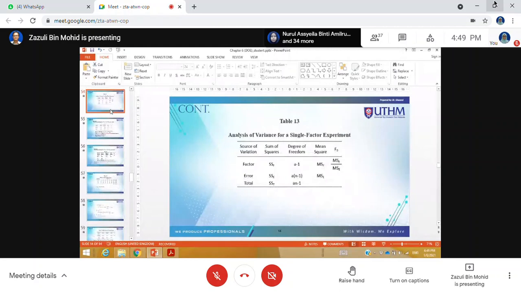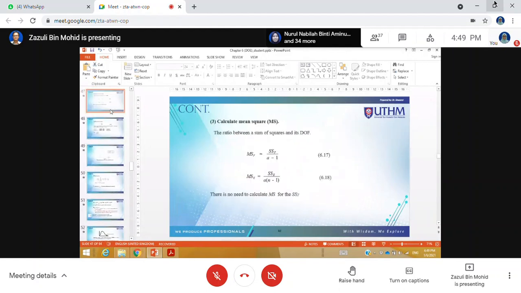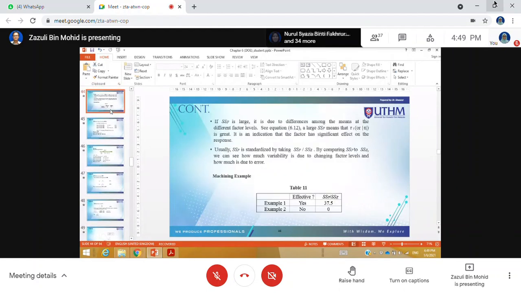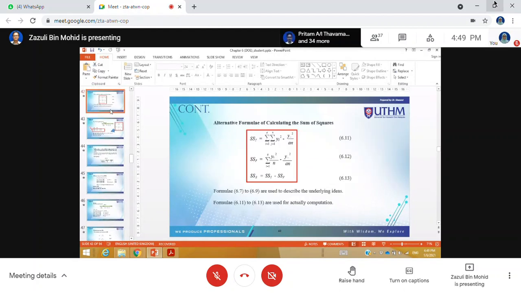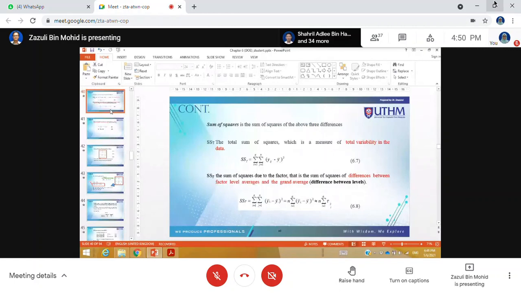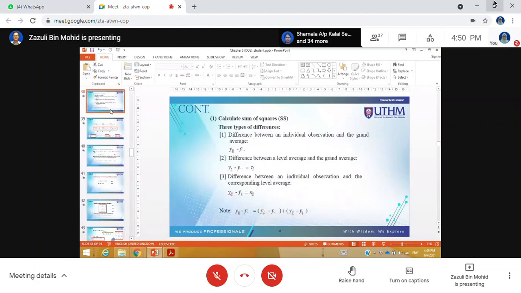So you can use the value F0, you can use the value of tau to do the evaluation in your experiment, to judge whether your data taken is applicable to draw some conclusions, or maybe you want to know whether the factors or the parameters for the experiment are effective or not before you go further to the next stage of the experiment.